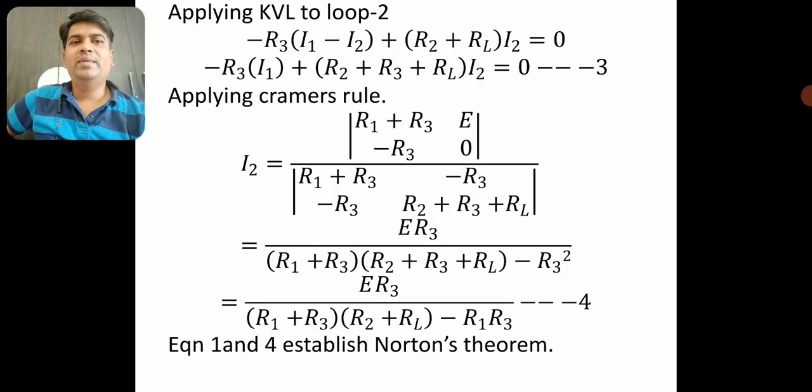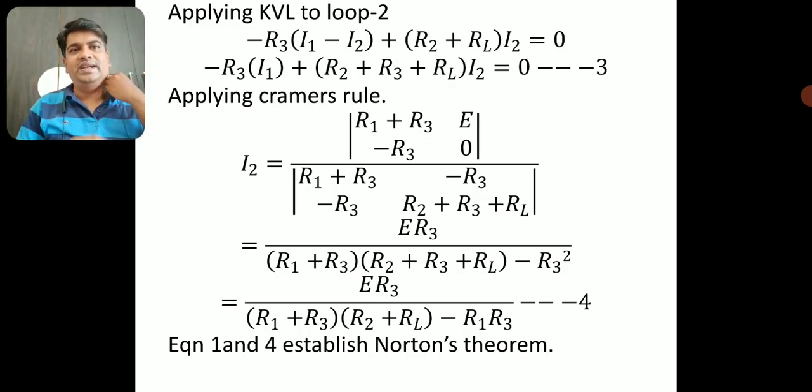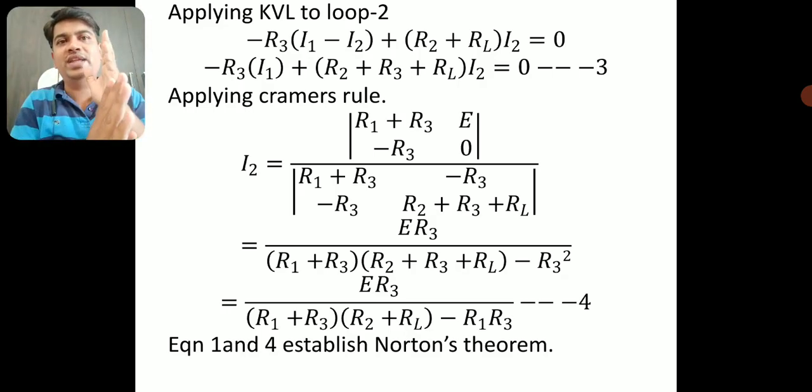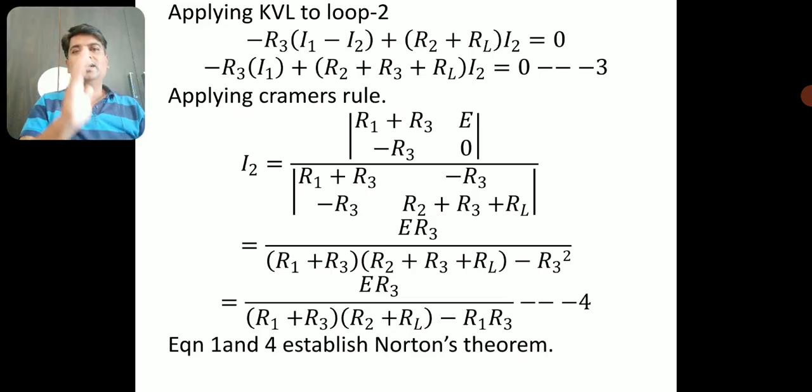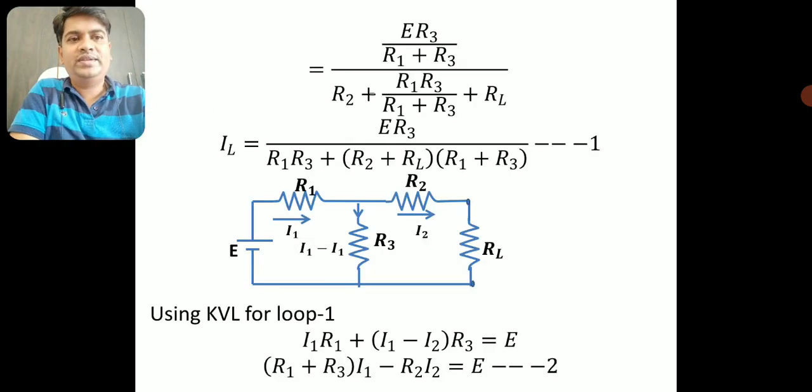Okay. Now I am applying Cramer's rule and I am going to find the equation for I2. Cramer's rule says that there are two matrices, one in the numerator, another in the denominator. In the numerator matrix, if you want I2, you have to write the coefficients of I1 first. Go back to equation number 2. Here the I1 coefficient is R1 plus R3.